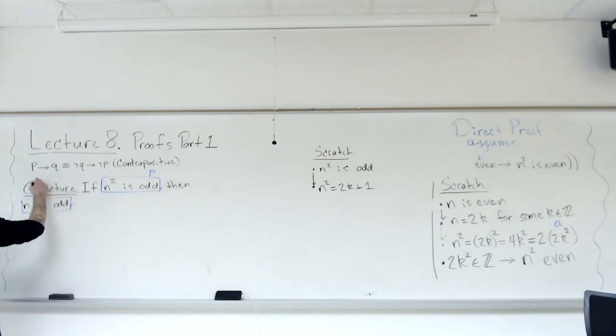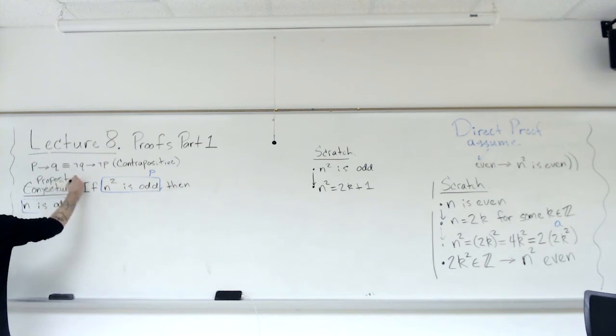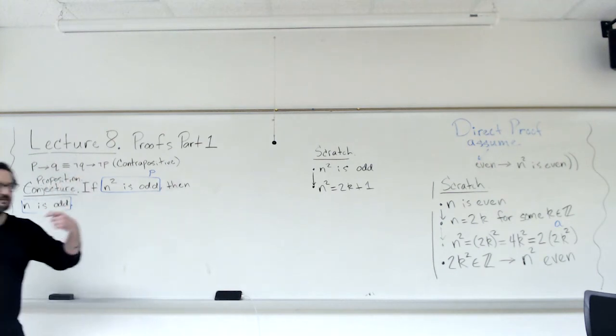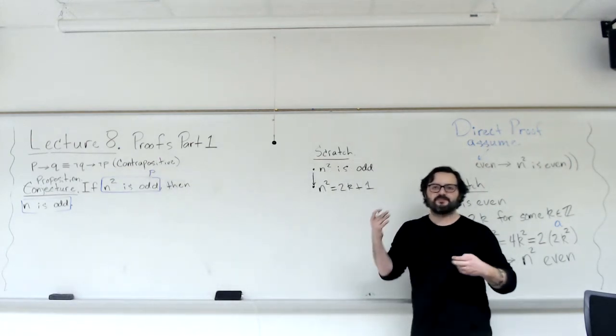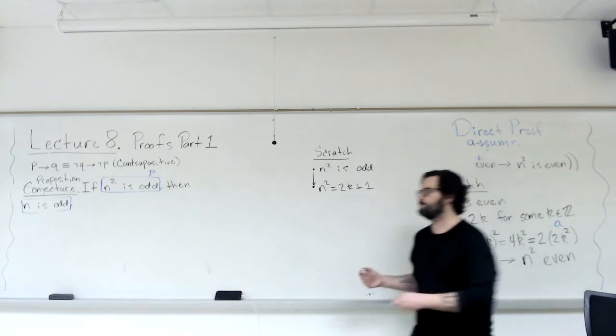So this is a proposition. I'll call this proposition C. And again, proposition A was n even implies n squared is even, and proposition B is n is odd implies n squared is odd, right?